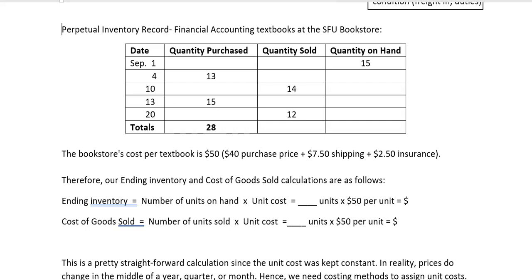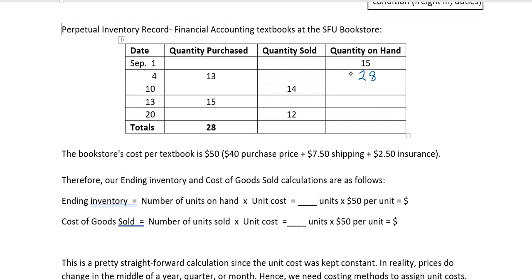So what we'll do is we'll update our last column here with the updated number of books, 15 on hand before this first transaction, plus 13 more purchased gives us 28 on hand. This is a pretty straightforward process.